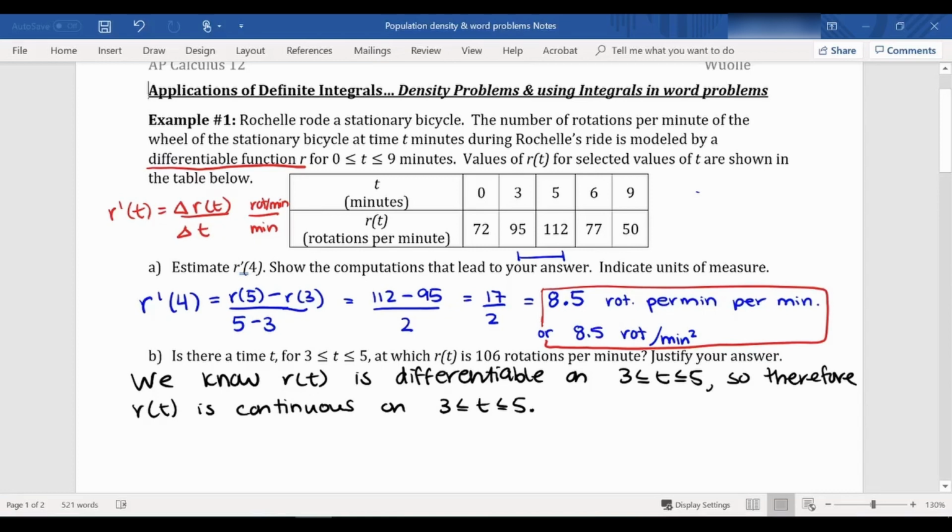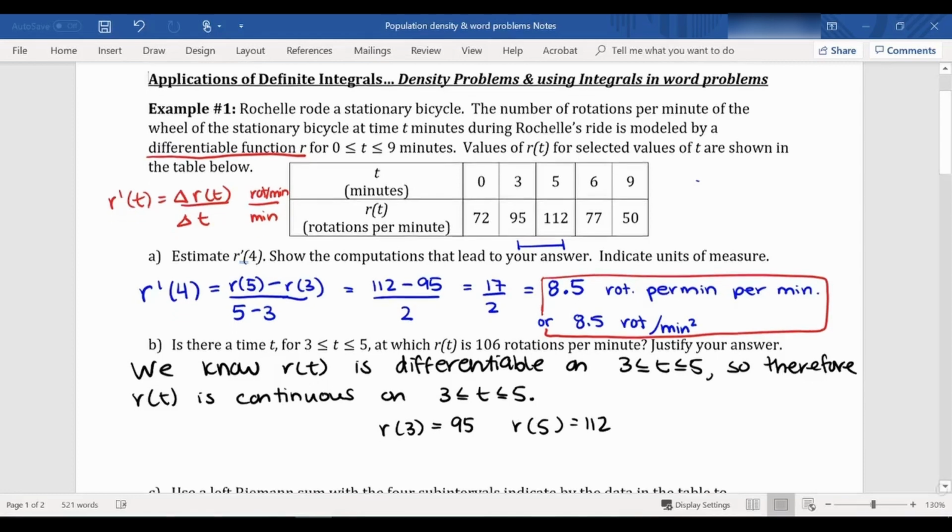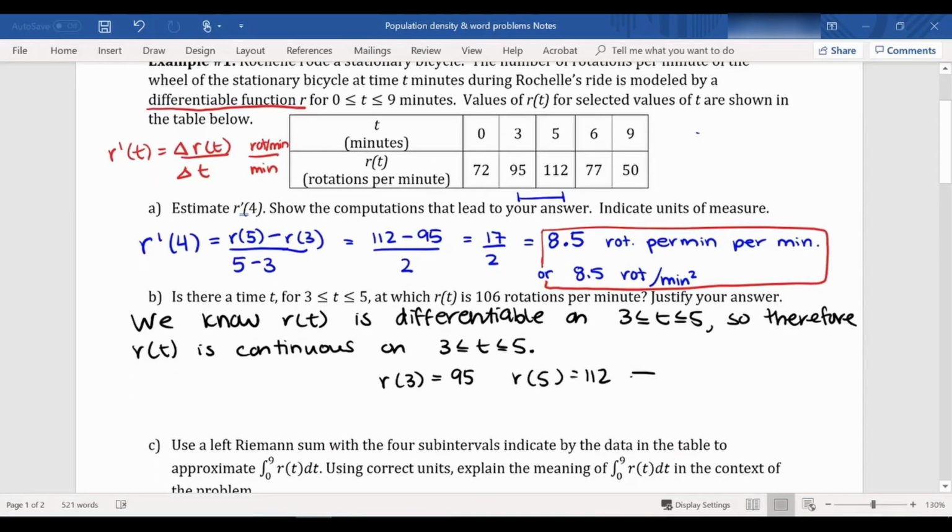We can't be skipping from 95 to 112, or else there would be some sort of jump. We would not be continuous from 3 to 5. So if I am continuous, I know that r of 3 is 95 and r of 5 is 112. And I know that 106 is between these values. And so therefore I know that I must pass 106. And there's a theorem that lets us say that.